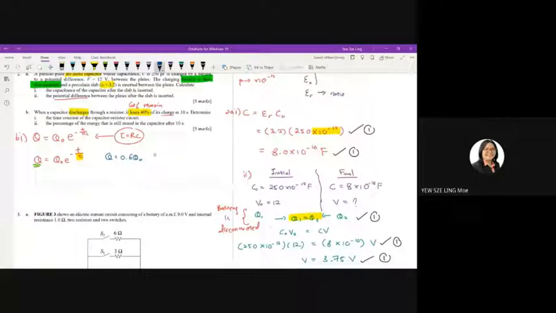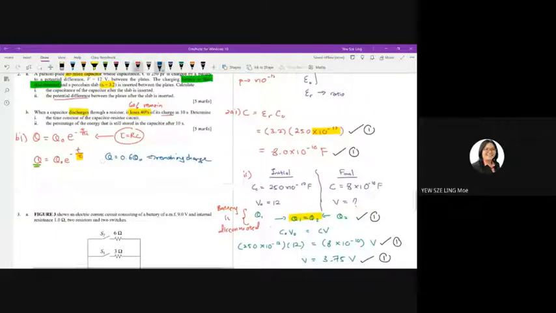A lot of you used 0.4. 40% is the charge lost in the discharging process. You lost 40% of the charge in this process, so the remaining charge is 60%. Therefore, Q final is equal to 0.6 of the Q initial. Okay, 60% of the Q initial. This is the remaining charge.